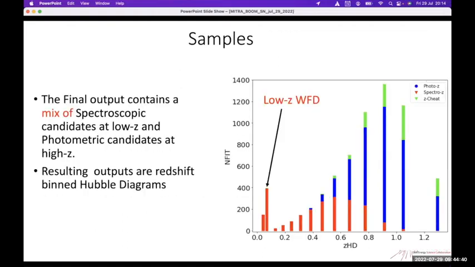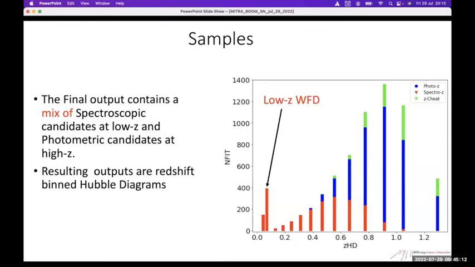So this is how the output sample would look ideally. It's a mix of spectroscopic candidates, which are the red bars that you see on the right, mostly populating the low redshift, and the photometric candidates at high redshift, which are the blue bars, more populated on the right of the plot.